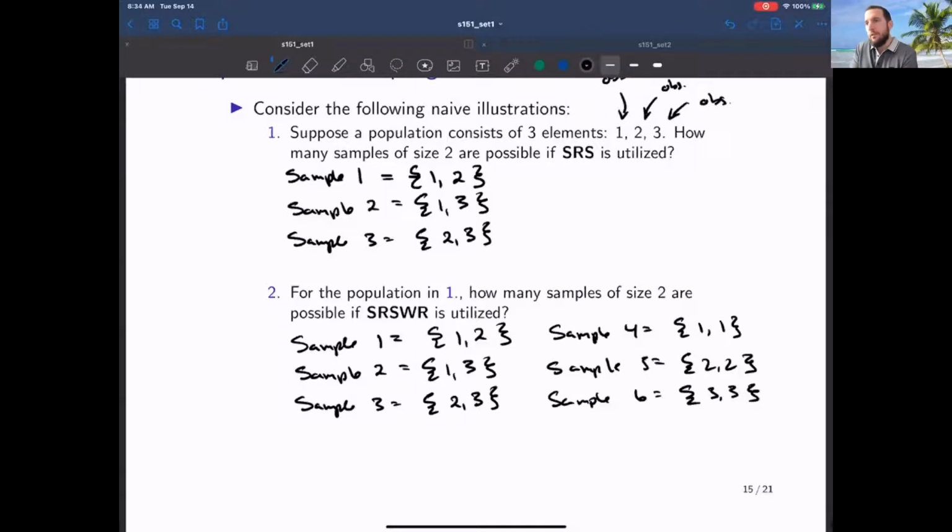The idea with simple random sampling, so with probability sampling, is that we are trying to avoid that. The illustrations on slide 15 are very naive because the population only has 3 elements in it.